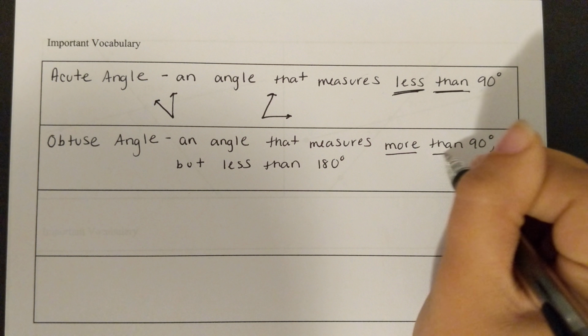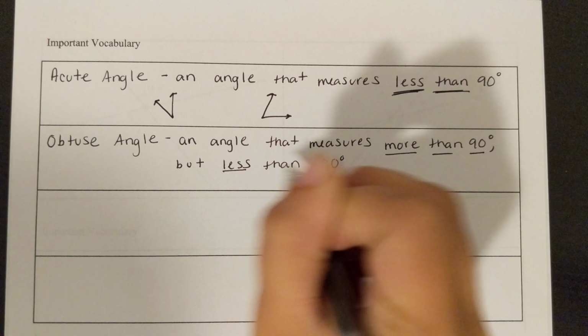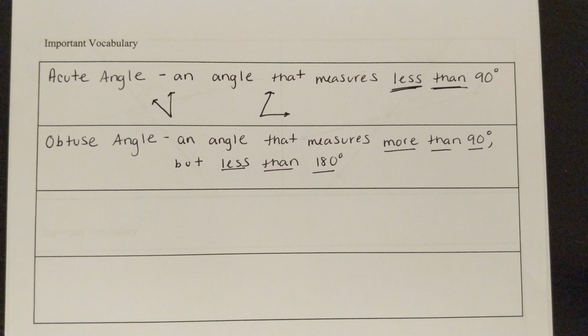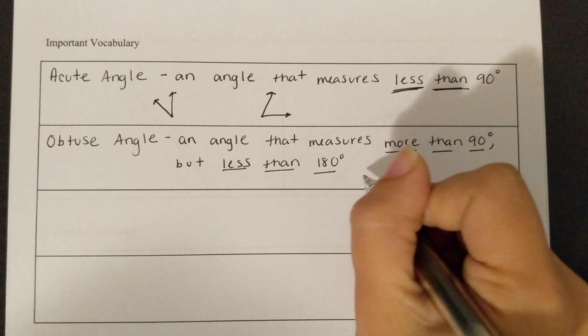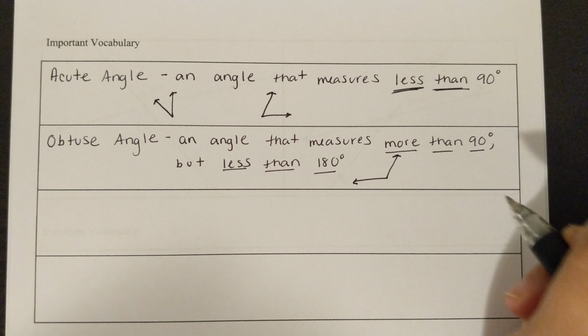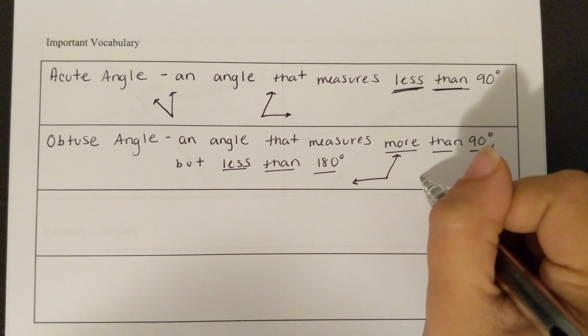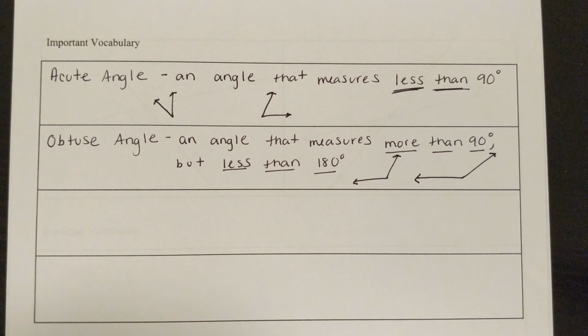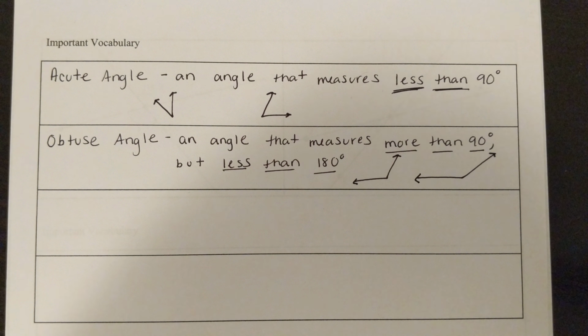Those will look bigger than 90 degrees, but they're less than a straight line. So even that could be a really big obtuse angle.